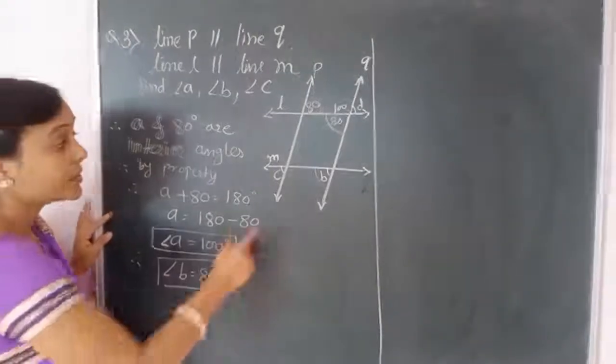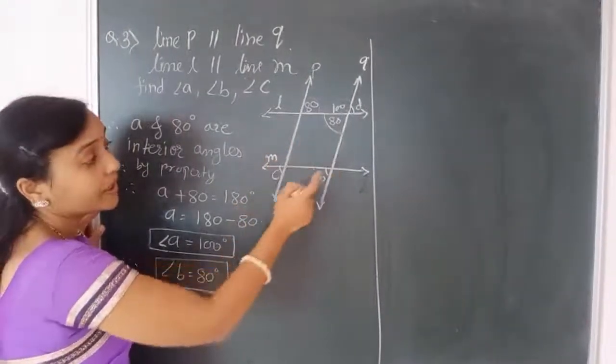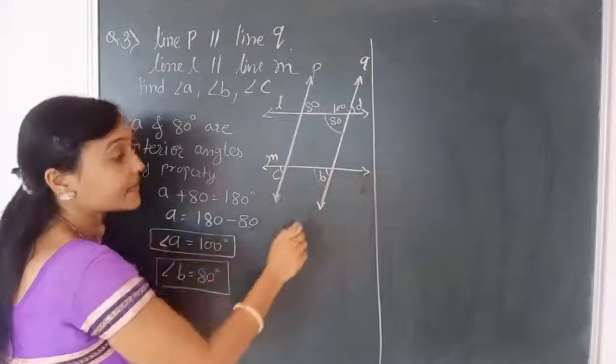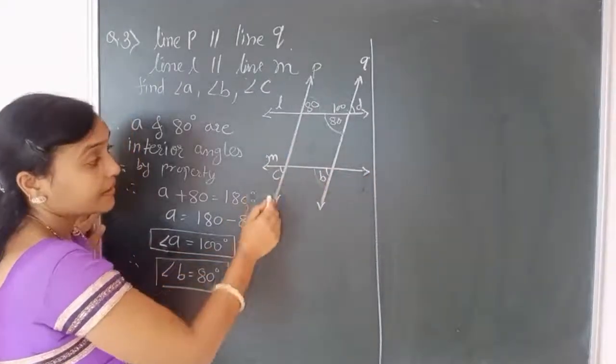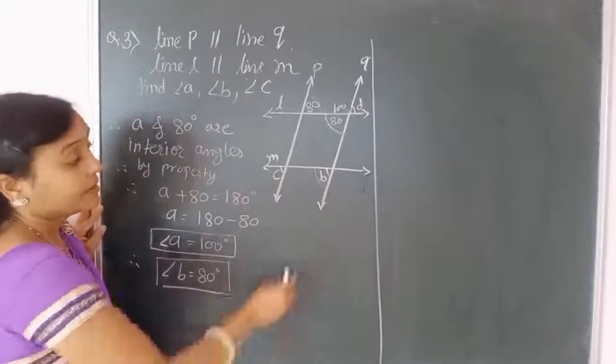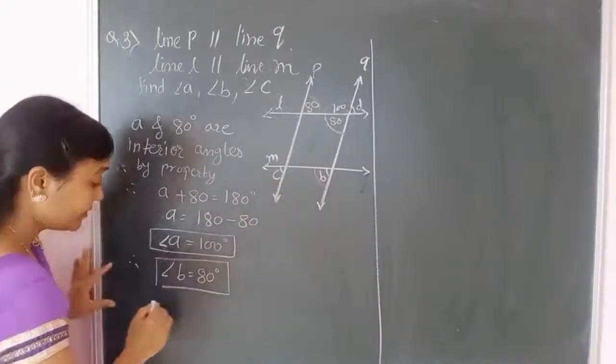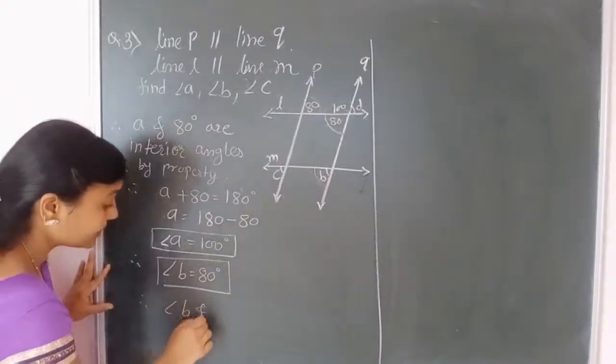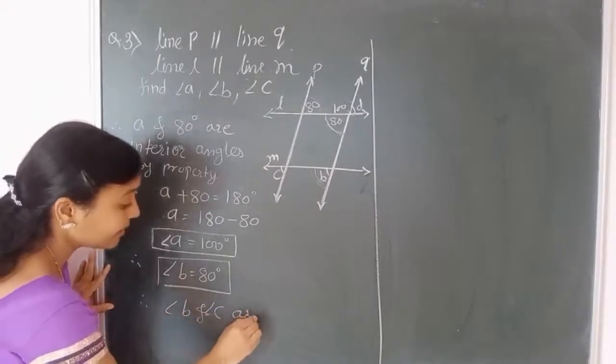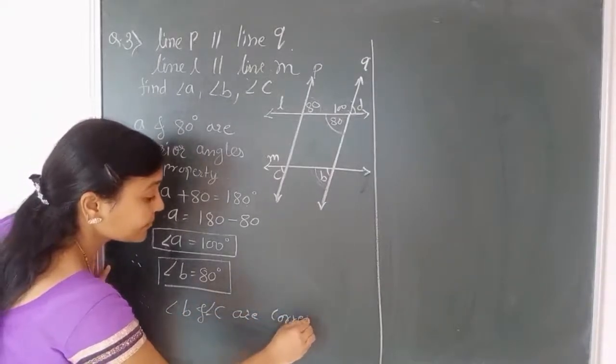Now we find out C. Again P and Q are the parallel lines and M is the transversal. B and C are the corresponding angles.